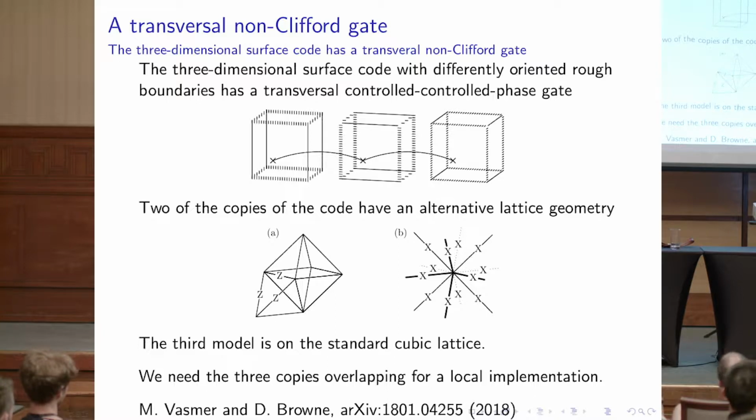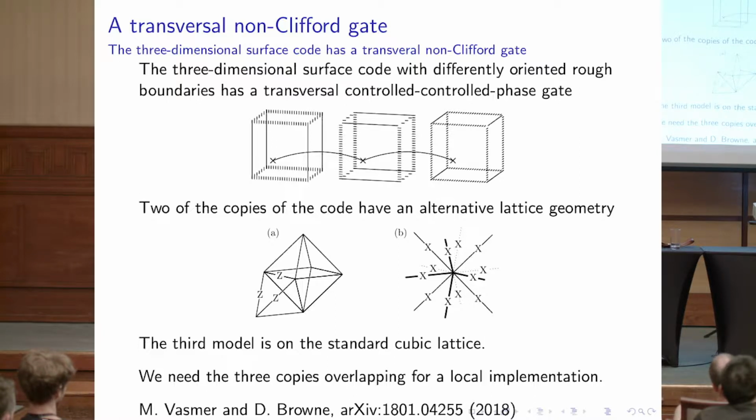What's important, and this is going to become a problem later that we'll fix, is that the surface codes are all differently oriented. This one has rough boundaries on the top and bottom, this one has rough boundaries on the left and right, and this one has rough boundaries on the front and back, so they're all rotated by 90 degrees.